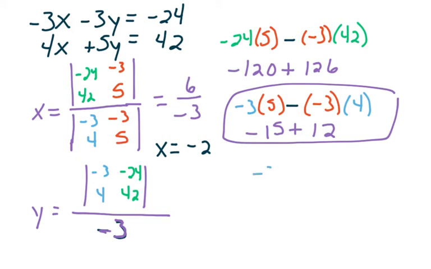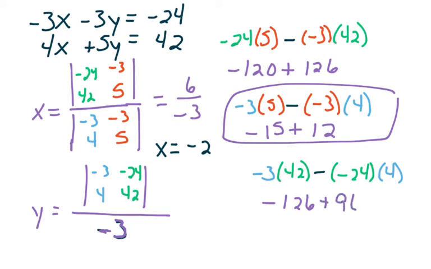So I have negative 3 times the 42 minus the negative 24 times 4. Let's see, that gives me negative 126 again. Negative times a negative is a positive, and that's 96. Negative 126 plus 96. I have one number that's negative, one that's positive, so I would subtract.